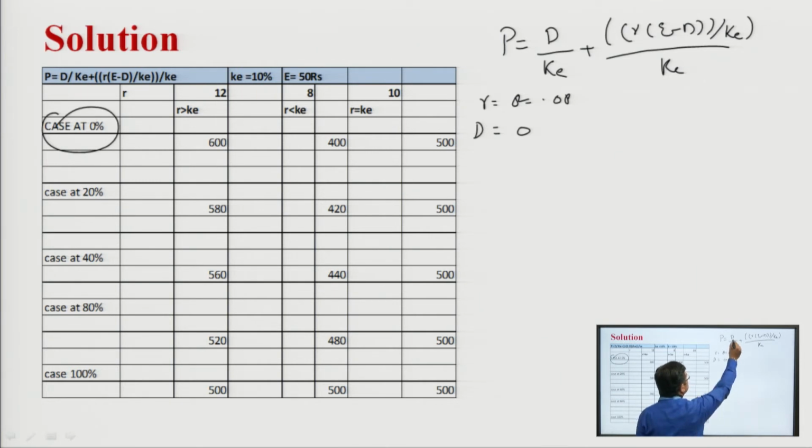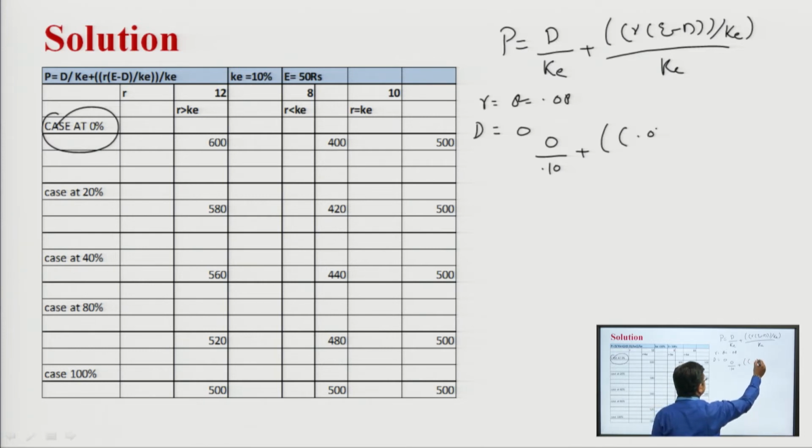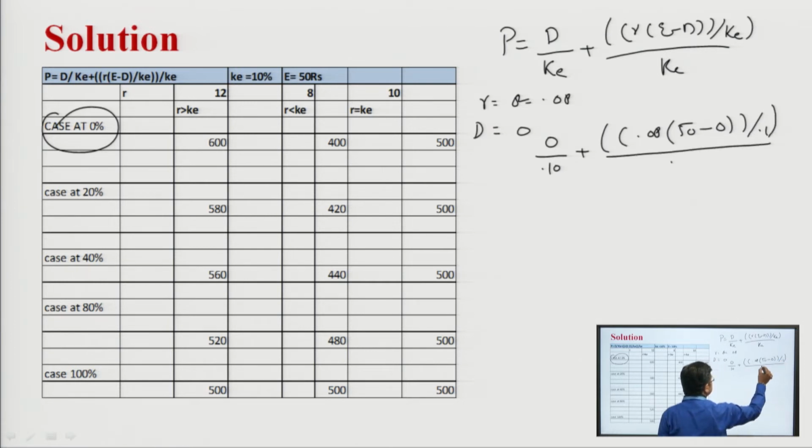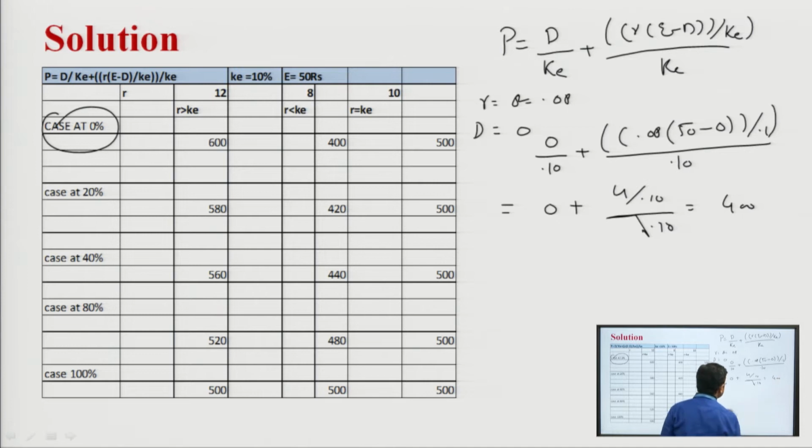So, D equals to 0 divided by K 0.10, plus R is 0.08, E is 50 minus D is 0, whole divided by 0.10. This 0.08 into 50 is 4, divided by 0.10, whole divided by 0.10, is equal to 400.